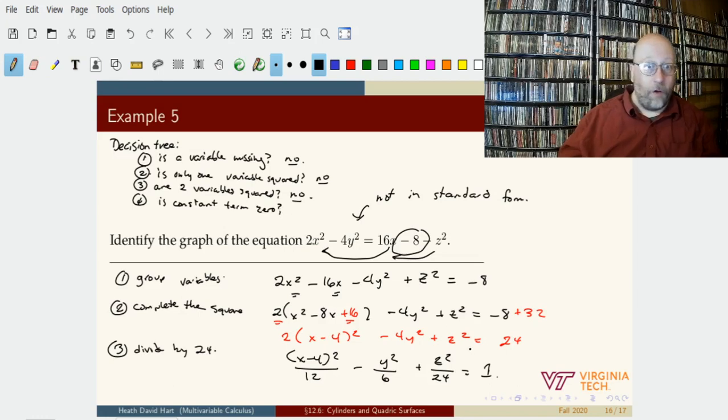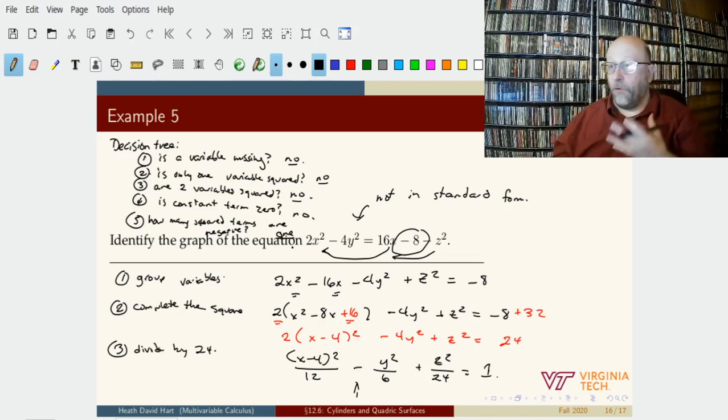And the answer is no, the constant term is 1 in this case. And the last question is, how many squared terms are negative? And the answer to that is 1. The y squared term is negative.